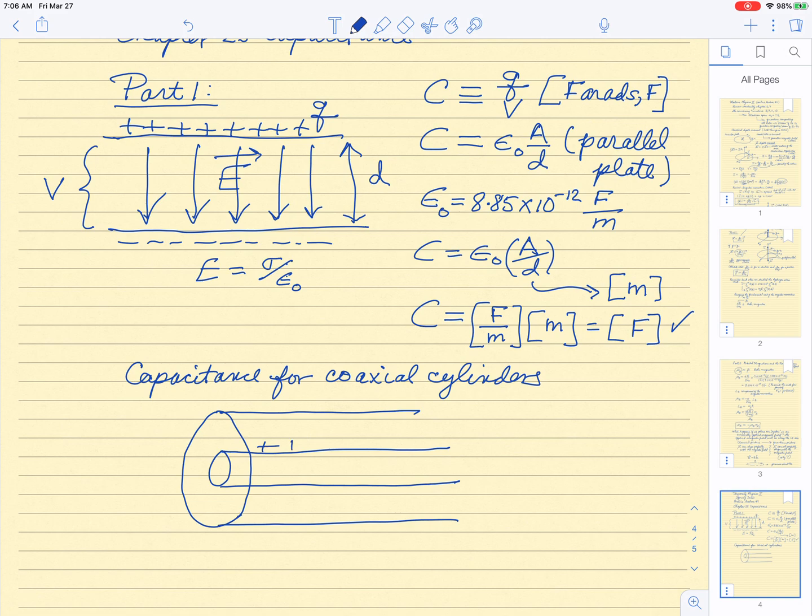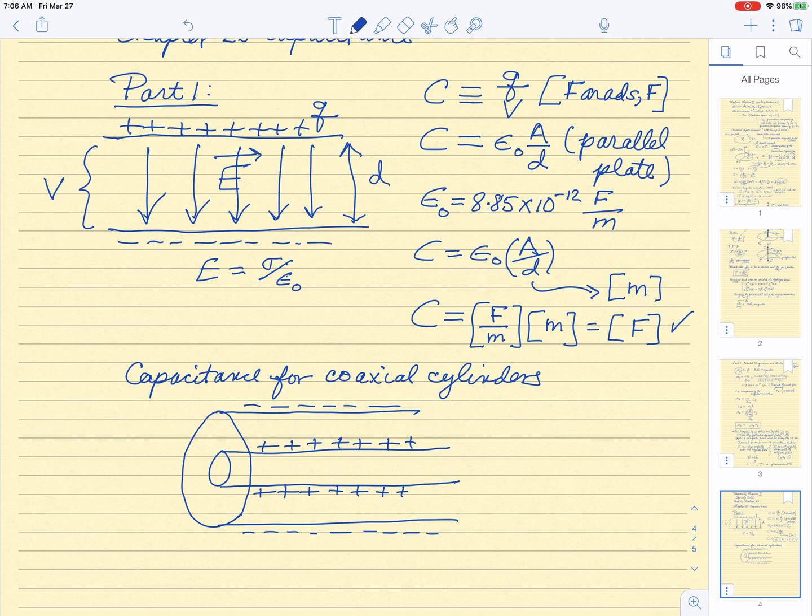The inner conductor is going to be positively charged, and the outer conductor will be negatively charged. So you can imagine that this is not unlike a parallel plate, except that this is a rolled situation.